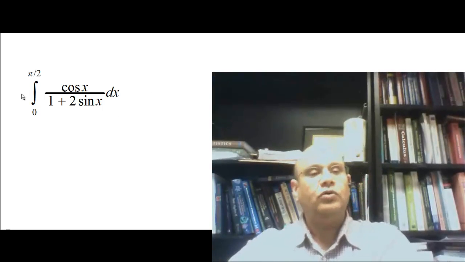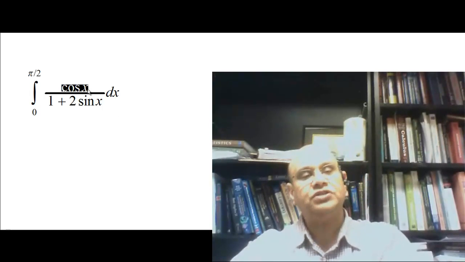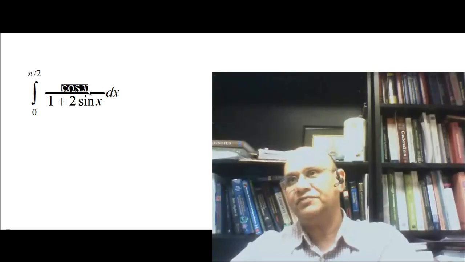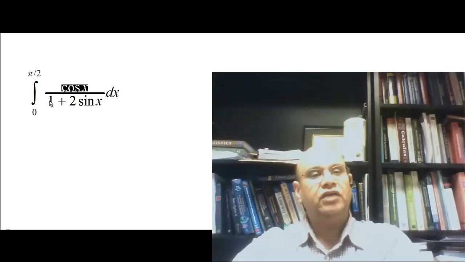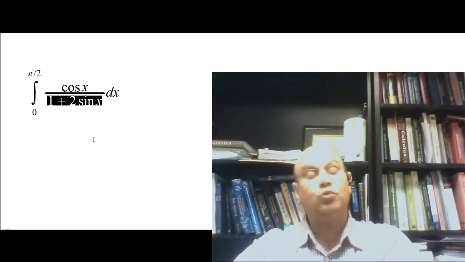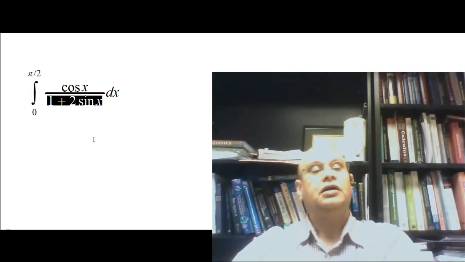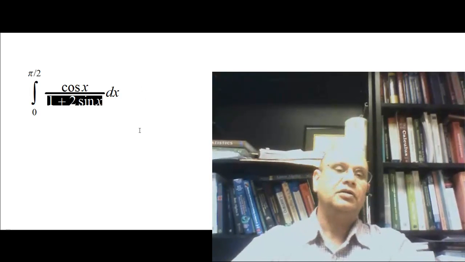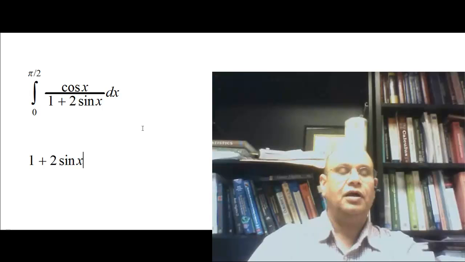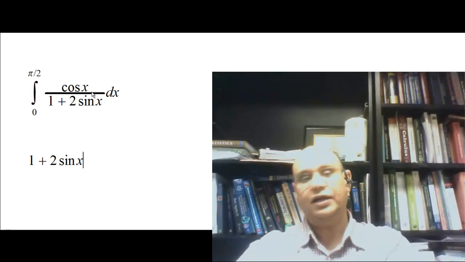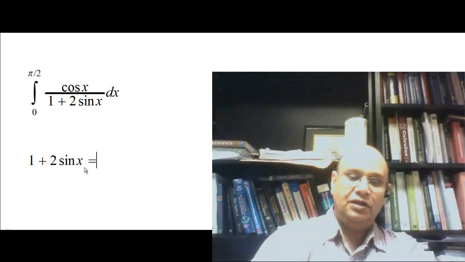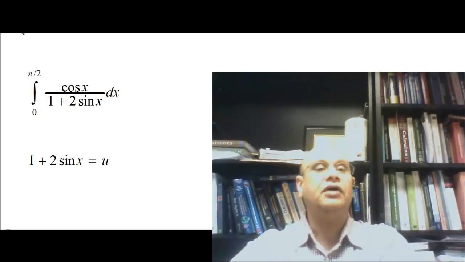Now, if I took the derivative of cosine x, what will I get? Negative sine x? I don't see that anywhere, do I? If I took the derivative of this, what would I get? Very good, and cosine x is sitting right here for us, right? Very nice. So let's just try this out.